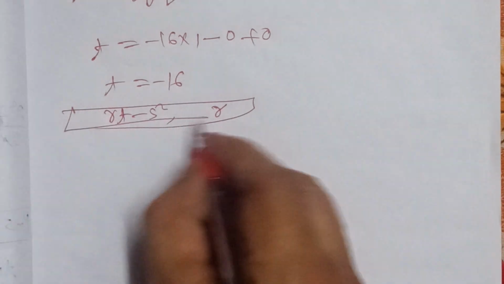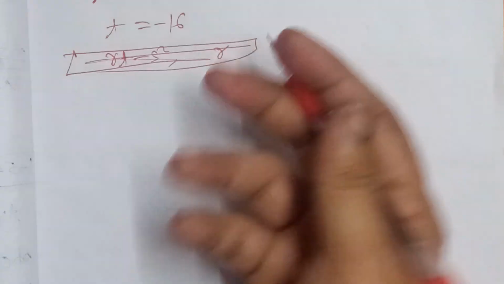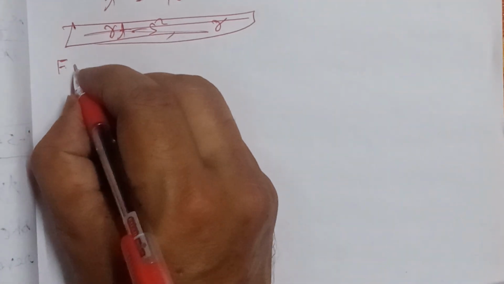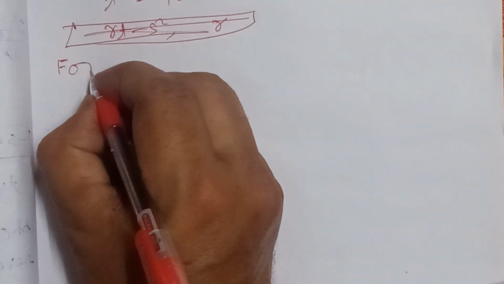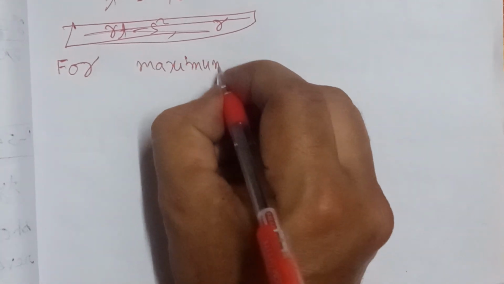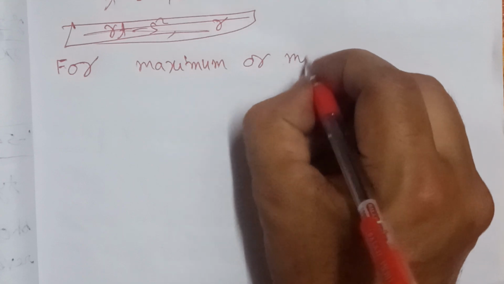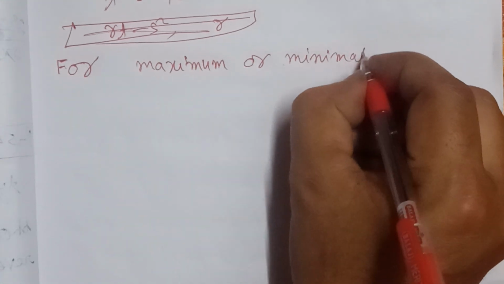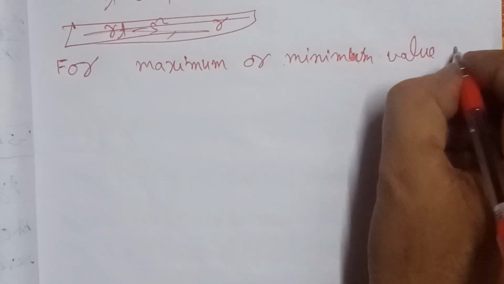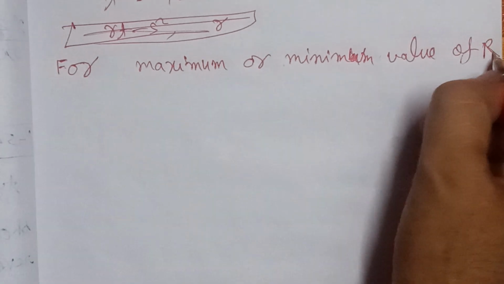But for maxima and minima, we have to find the value of x and y also. So I can find this value for maximum or minimum value of r, capital R.